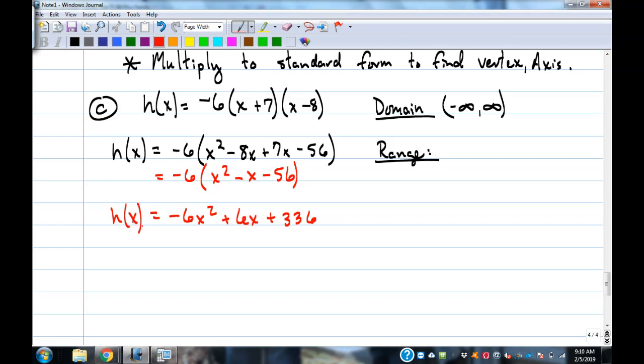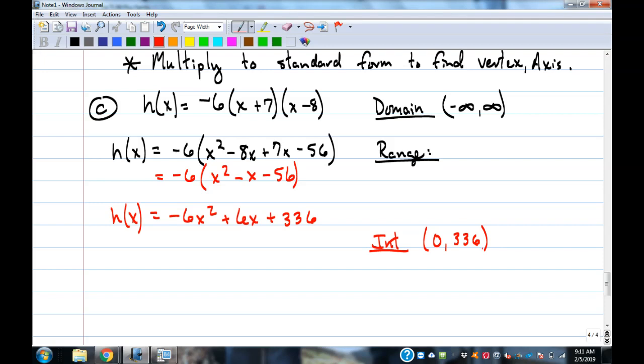So we took something that was in intercept form and put it into standard form. That gets us a few things for free. It gets us the Y-intercept for free, at (0, 336), because remember, if it's in standard form, the Y-intercept is always whatever C is.